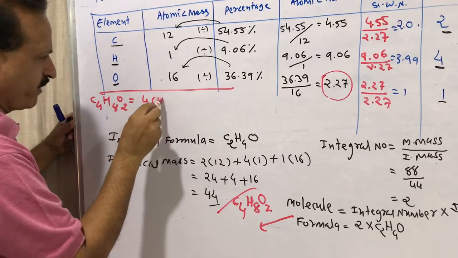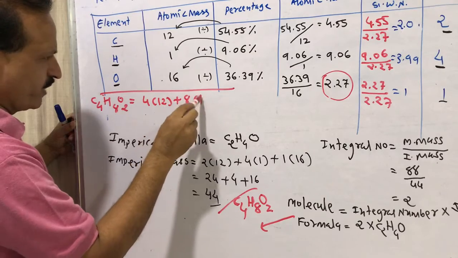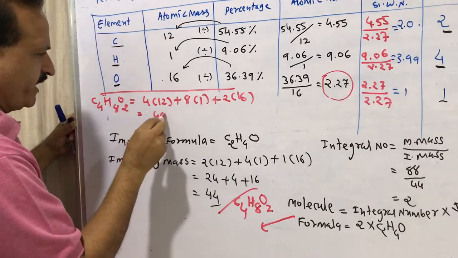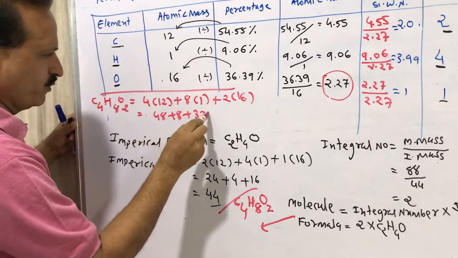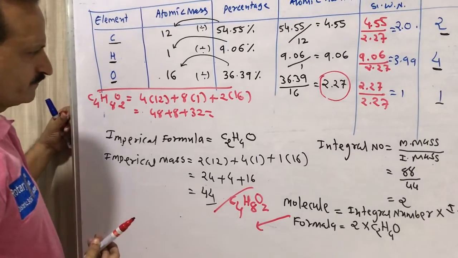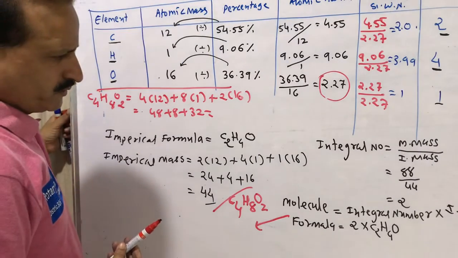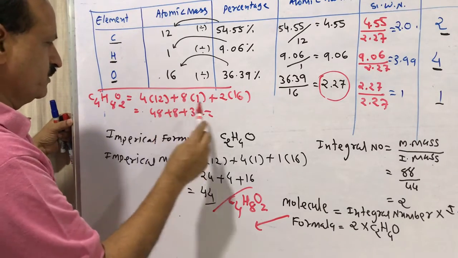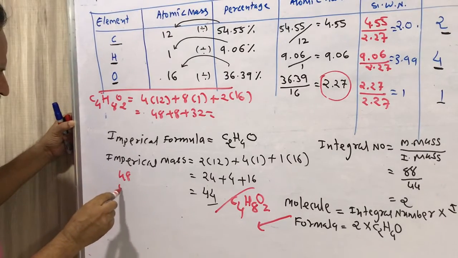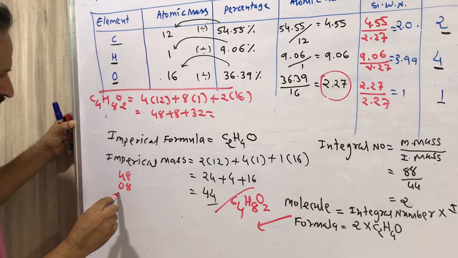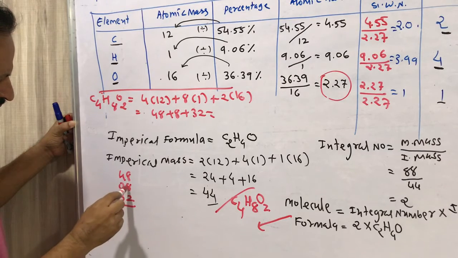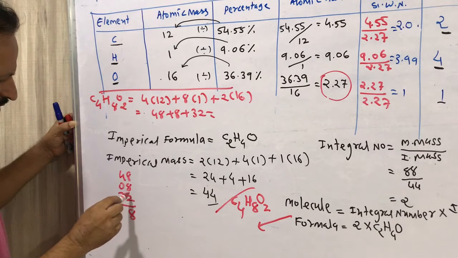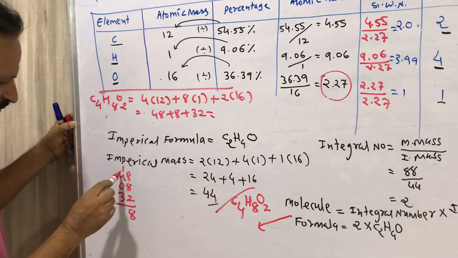Then we will find out the molecular mass. C4 means 4 into 12 plus 8 into 1 plus 2 into 16. So it is 48 plus 8 plus 32. Then what will be the answer? 48 plus 8 is 56, plus 32 is 88.